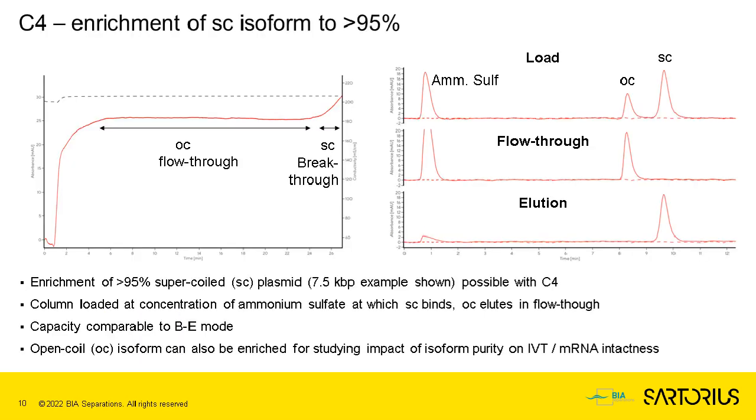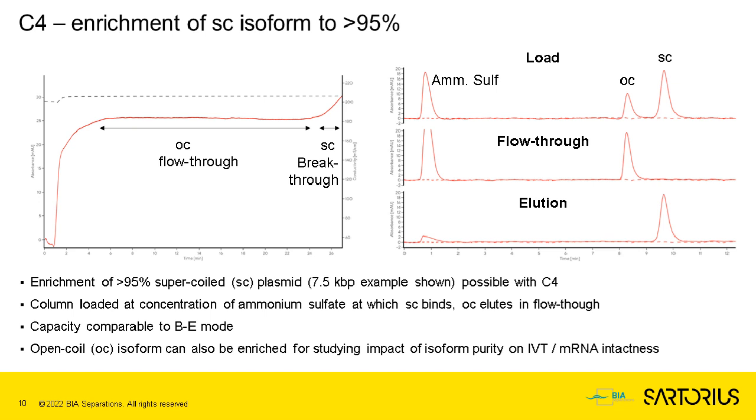This is not the same plasmid, but the concept applies just as well on using then this hydrophobic interaction chromatography as the subsequent step to polish out supercoiled plasmid if the requirement is 95% purity or more. In fact, in this particular experiment, we managed to get pretty much 100% pure supercoiled plasmid, as you can see here on the right-hand side chromatogram.